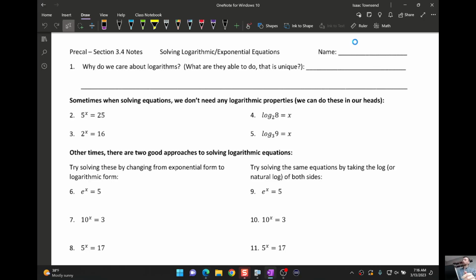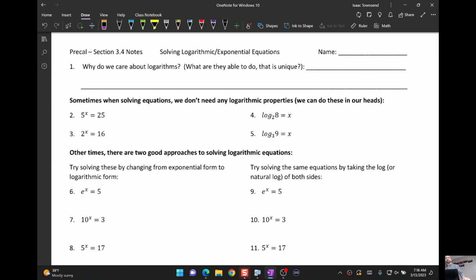All right, so logarithms are great for solving real-world type stuff. They're certainly going to shine for you in your science courses, but realistically in mathematics, most of the reasons we learn those log properties are so that we can solve equations like the ones on this sheet. It's really all been building up to this for us.